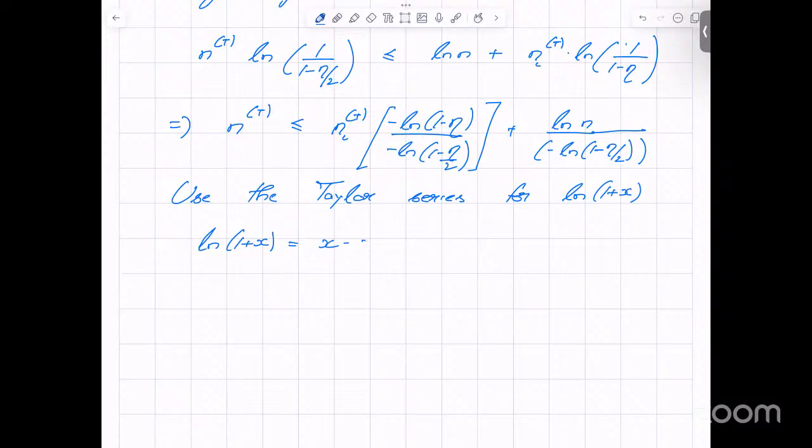It's x minus x squared by 2 plus x cubed by 3 minus x to the power 4 by 4, and so on. Hence ln 1 minus x, which is what we care for in all these expressions, is actually minus of x plus x squared by 2 plus x cubed by 3.